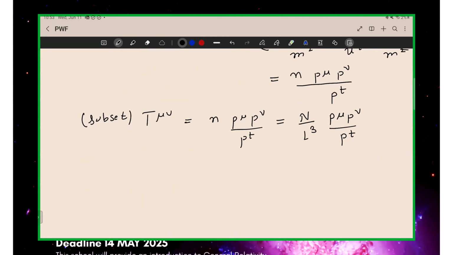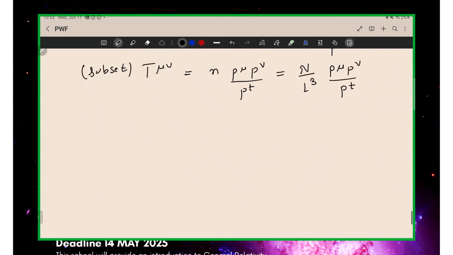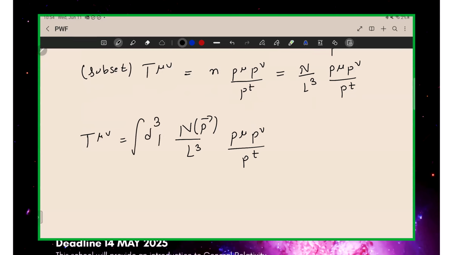Now if you want the total stress tensor for the whole fluid, you have to integrate over all different momenta, because this stress tensor is only for a particular four velocity, which means a particular four momentum. So the full stress tensor for the fluid is nothing but n over L cubed p mu over p t, and n now depends on the momentum, and you integrate over all the momenta.